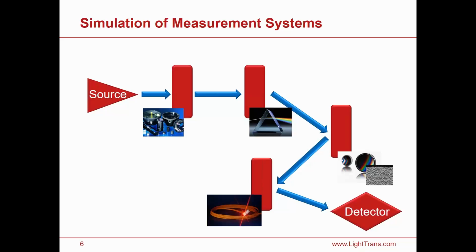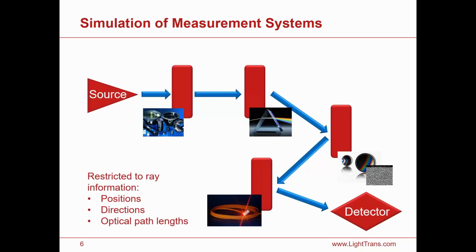Now we have to choose an appropriate simulation technique for all these different kinds of propagations and components. Usually ray tracing is a very useful tool to simulate complex measurement systems or optical systems in common, but there are some restrictions in ray tracing due to the fact that the rays only have some information: the position, the direction of the rays, and the optical path lengths.